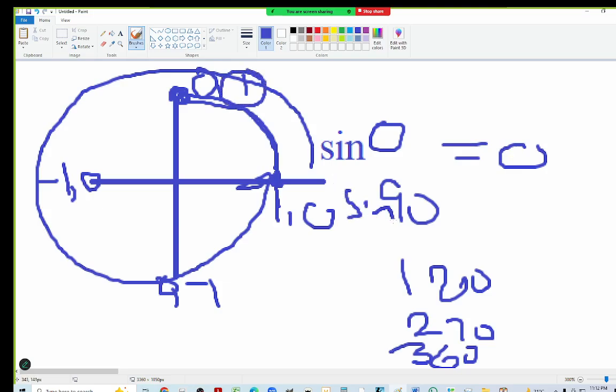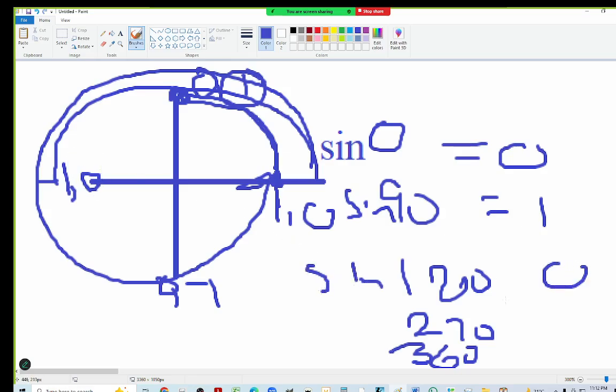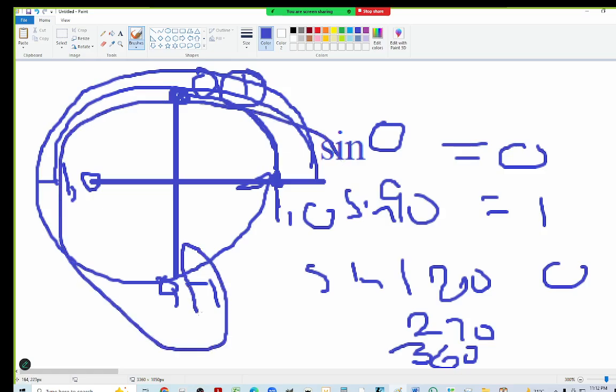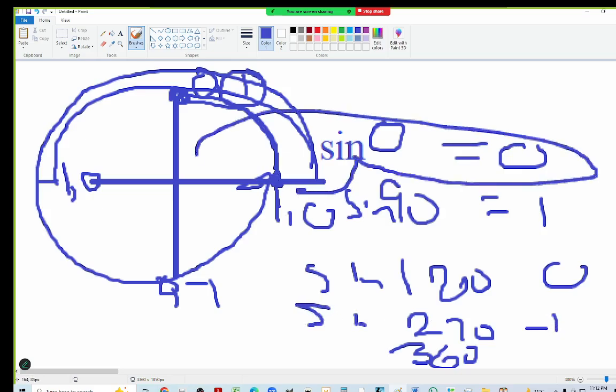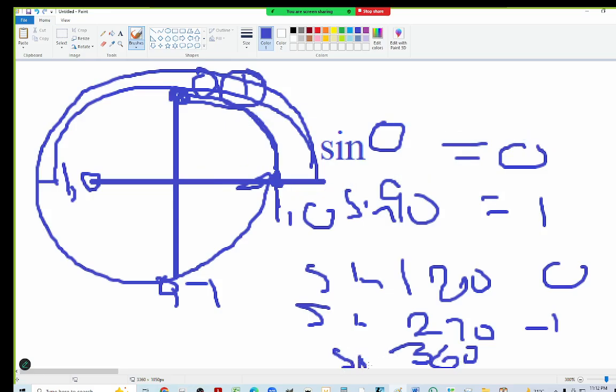So sine of 90 is 1. The sine of 180 degrees is the second number here. 0. The sine of 270 is this number right here. What is it? -1. And then finally, 360, you can just say, oh, it's the same as the 0. So whatever I got for the 0 up here is the 360 down here.